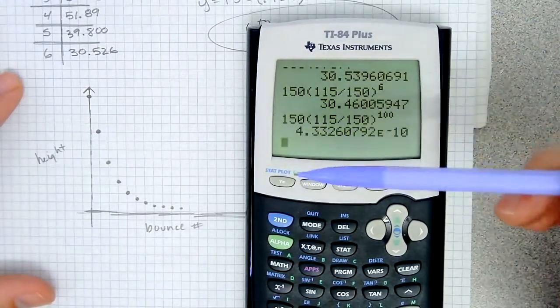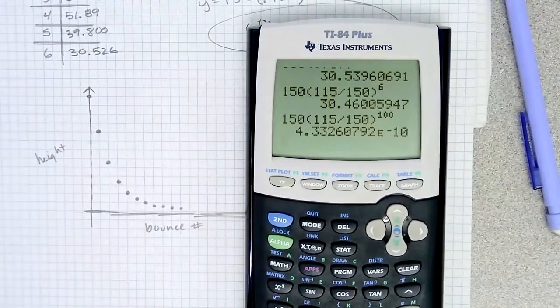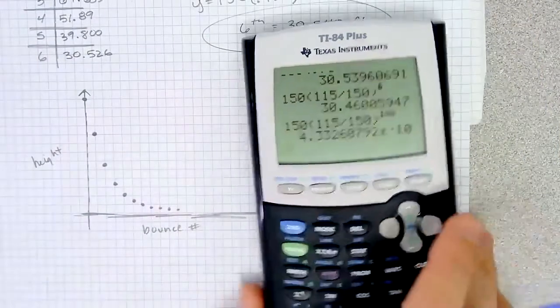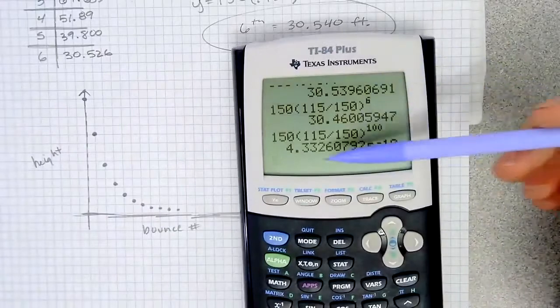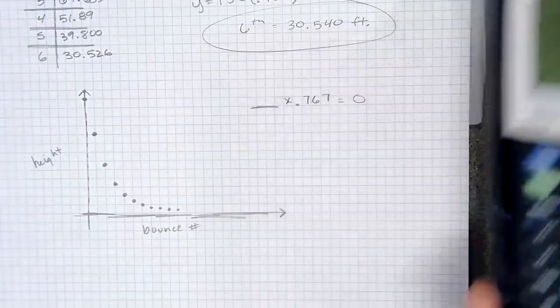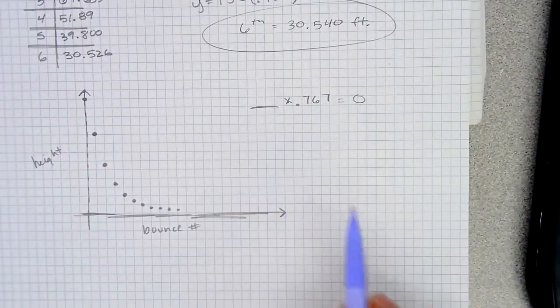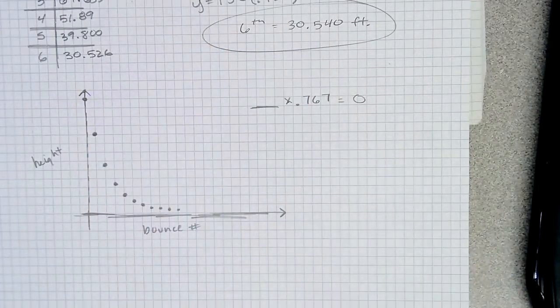So you get 0.000000433 something. All right. So really small number, okay, but I think we would all agree that if you dropped a ball, by the time it hit its 100th bounce, it would stop bouncing up. Okay, so this is referred to as an asymptote. All right. Questions on that?